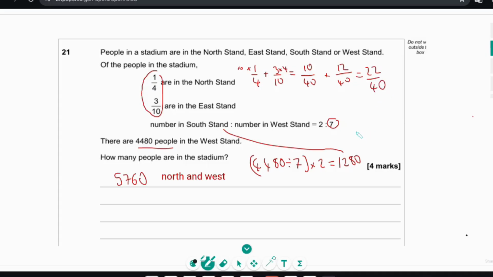Okay, now 22 over 40, that's the fraction of people in the North and East Stands. If you take that away from 1, it gives us 18 40ths in the South and West Stands. 18 40ths represents 5,760. If I divide that by 18, I'll get 1/40th.